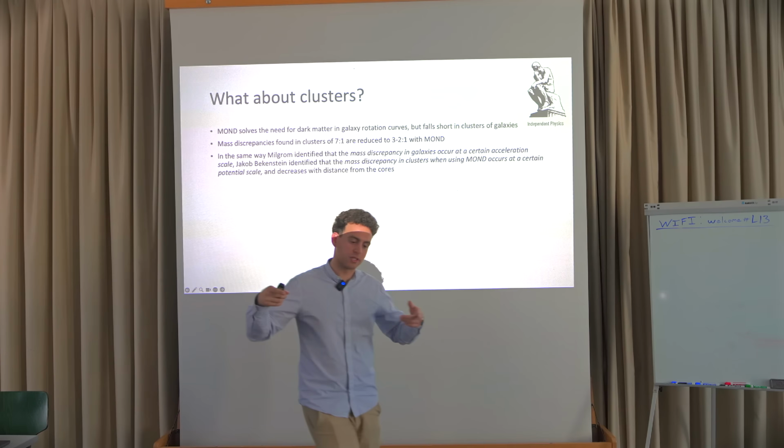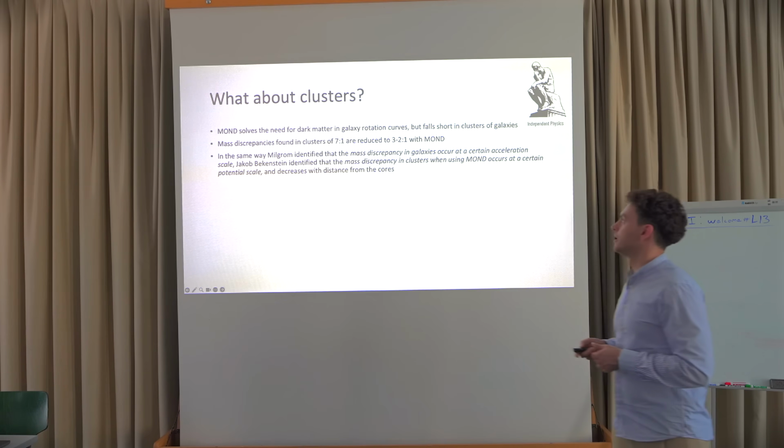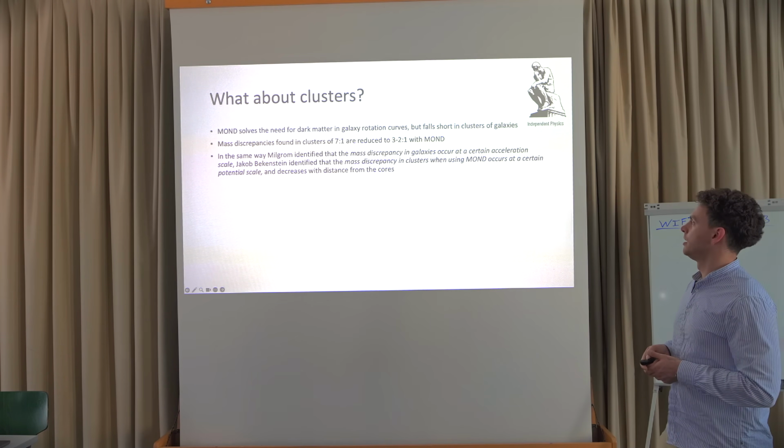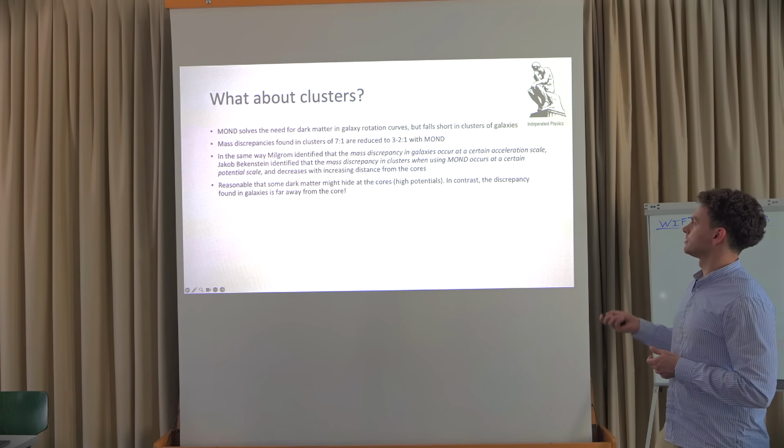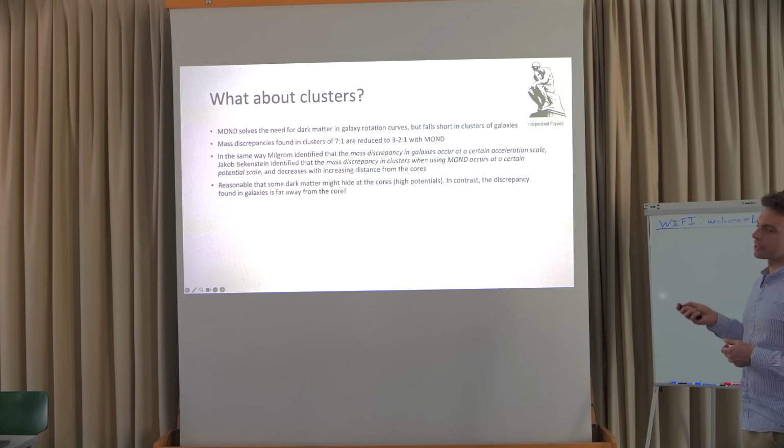They have higher potentials than the galaxies themselves. And then it is reasonable that there might be some dark matter hiding at the cores of the clusters at high potentials, a completely different case from the galaxies.